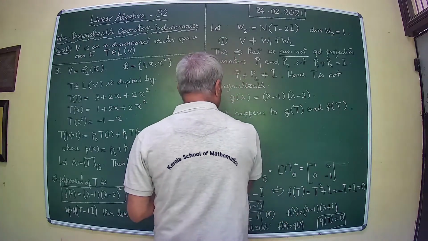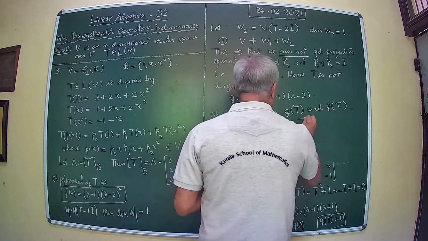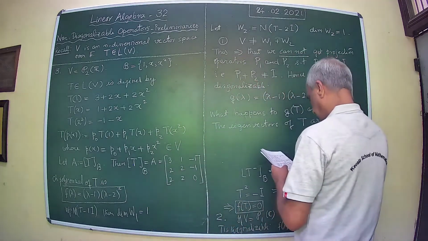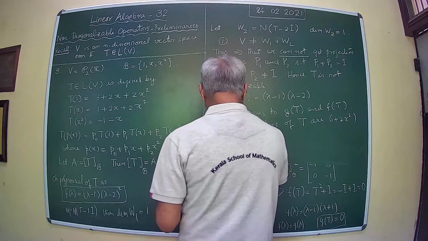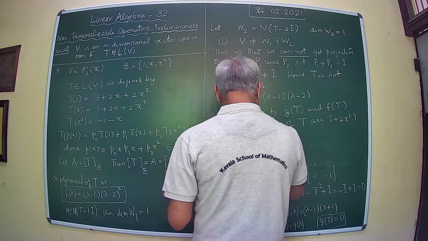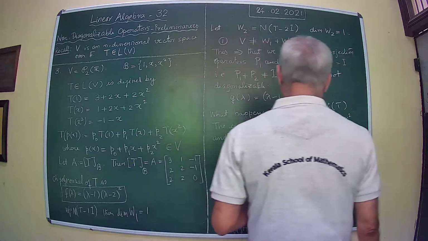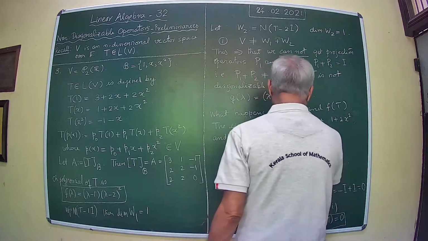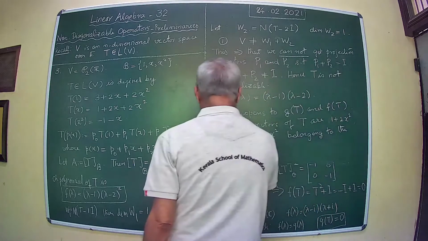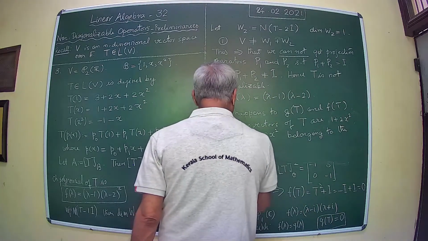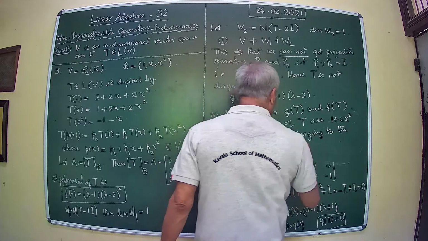The eigenvectors of T are 1 plus 2x squared and 1 plus x plus 2x squared, belonging to the eigenvalues 1 and 2.